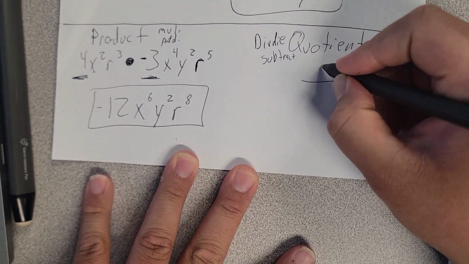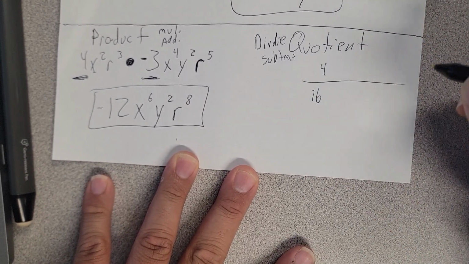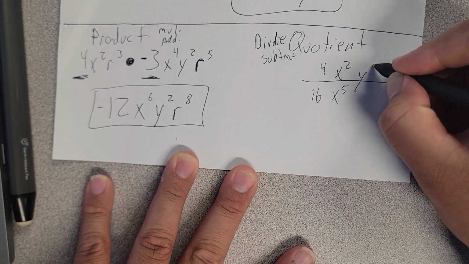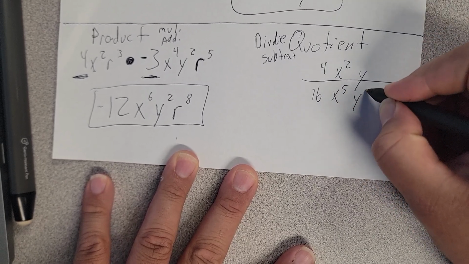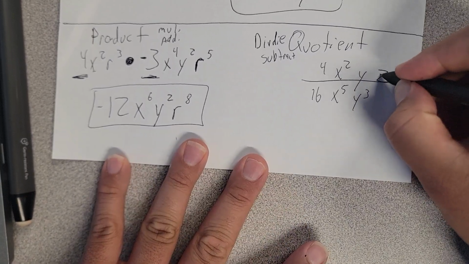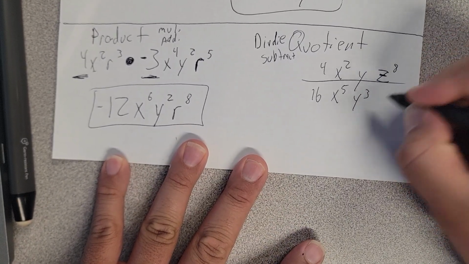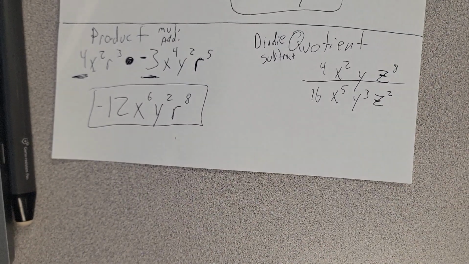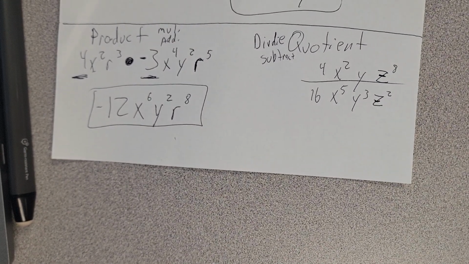So let's do like 4 over 16, x squared, x to the 5th, y, and then y to the 3rd. Okay, let's put a z, z to the 8th, z squared. Just to make it a little bit harder.